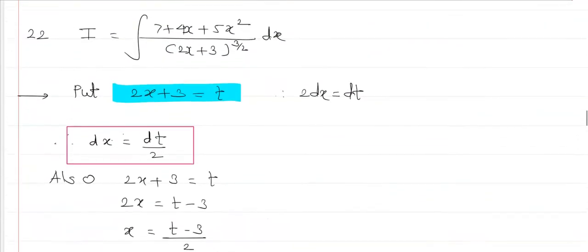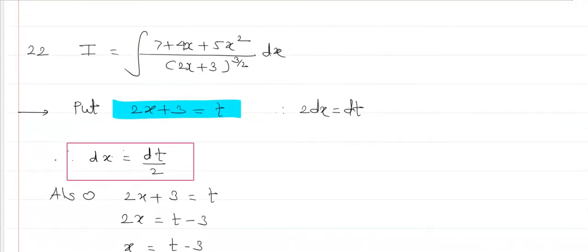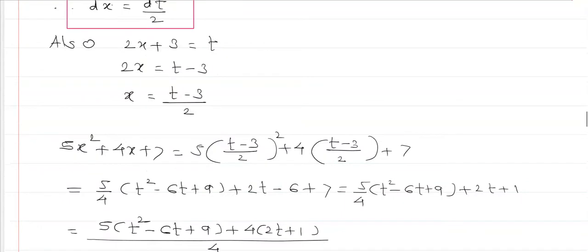Now see this whole polynomial, 5x square plus 4x plus 7. What's the value in terms of t? 5 in bracket t minus 3 upon 2 bracket square plus 4 in bracket t minus 3 upon 2 plus 7.